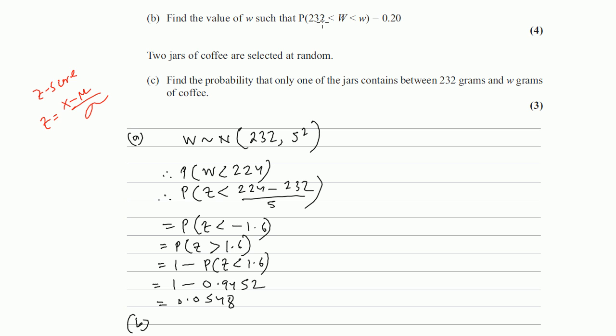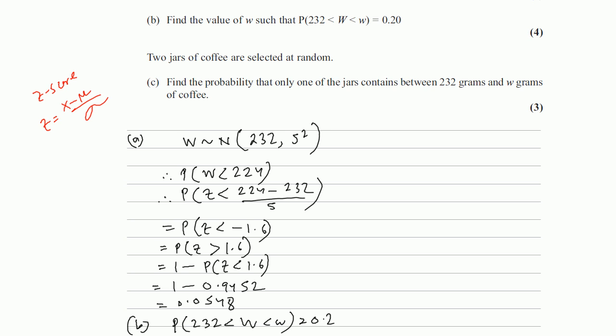So question number B, you have to find the random variable. Remember, whenever you have to find the mu or the sigma, meaning mean or standard deviation, or the random variable, it is called a type 2 sum. So you do the type 2 sum in the same way as you do type 1, where you find the probability. This is a small letter w and this is a capital letter W, and the probability is given in point 2.